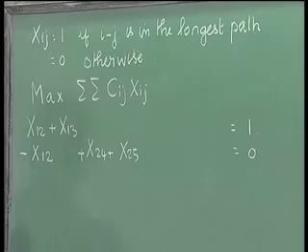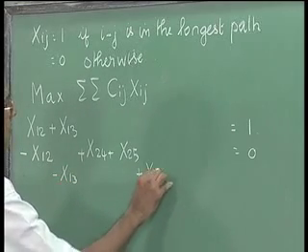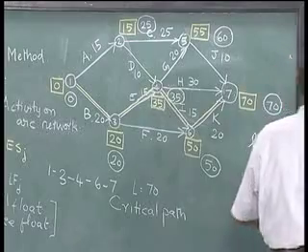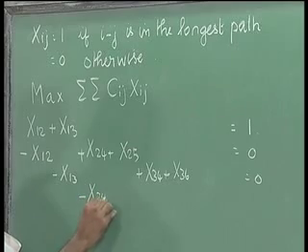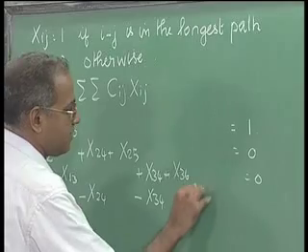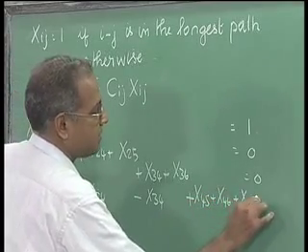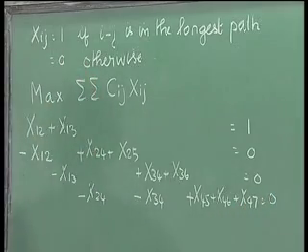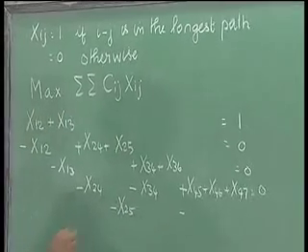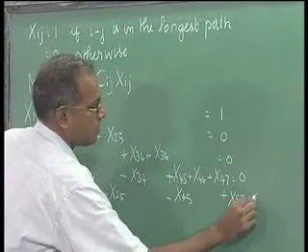Now, for 3 we would have minus x13 plus x34 plus x36 equal to 0. For 4 we have minus x24 minus x34 plus x45 plus x46 plus x47 equal to 0. For 5 we have minus x25 minus x45 plus x57 equal to 0.